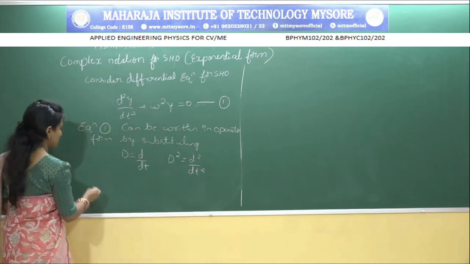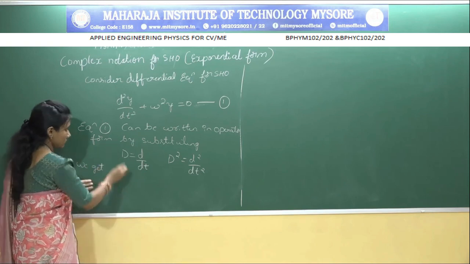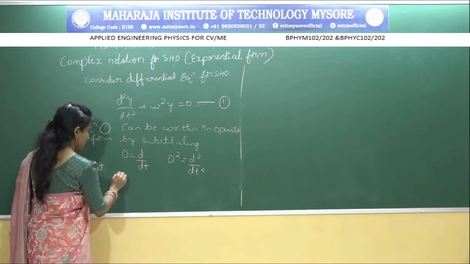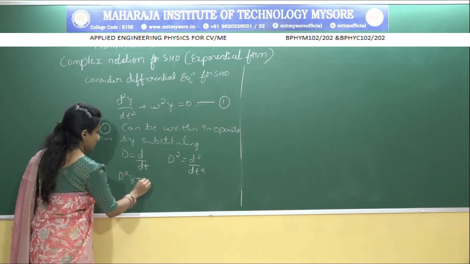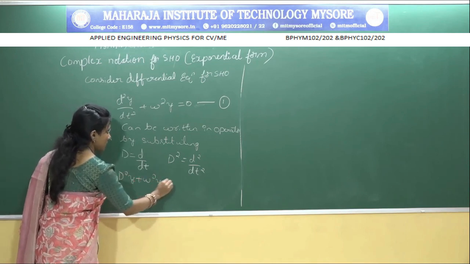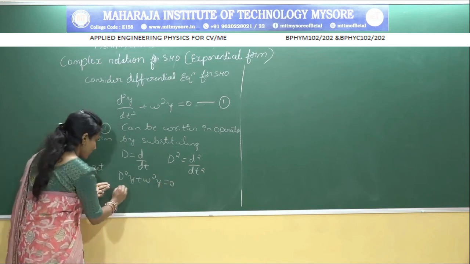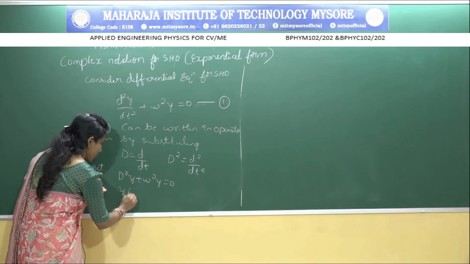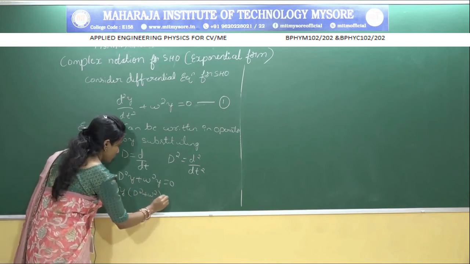If we expand, the above equation becomes D square y plus omega square y is equal to 0. Here y is common, take it outside. Then we get D square plus omega square is equal to 0.